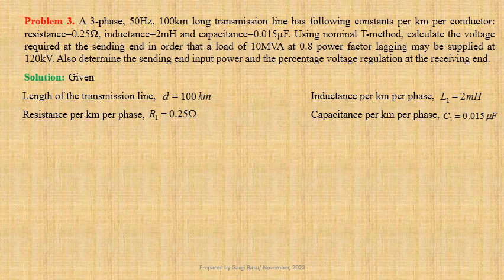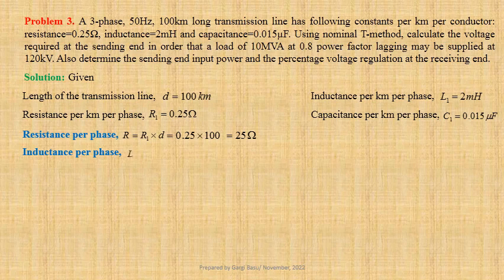Let us now calculate resistance per phase R equals to R1 into D. Using values we get 0.25 into 100, that gives us 25 ohm.